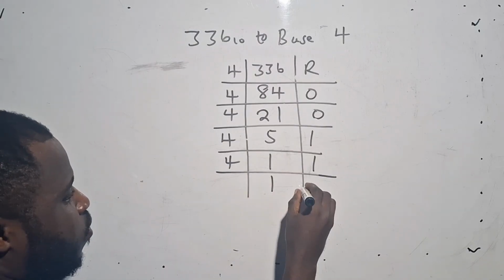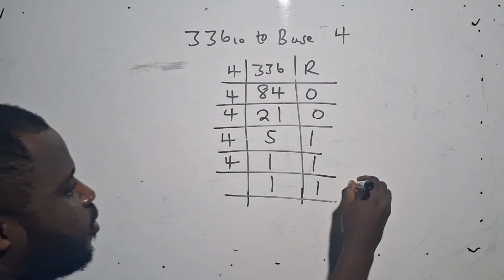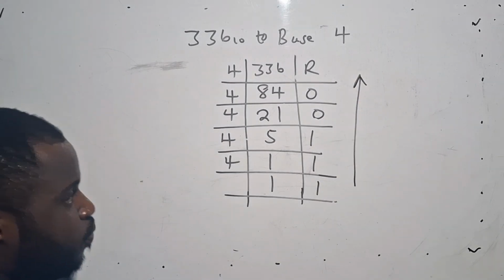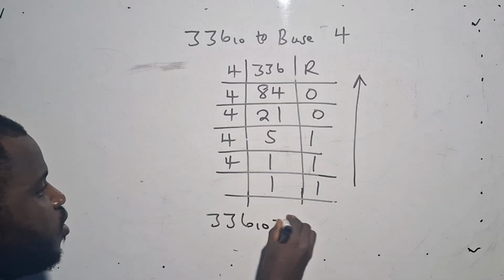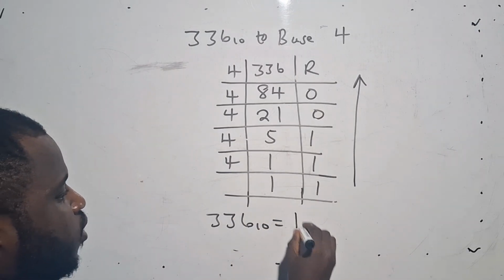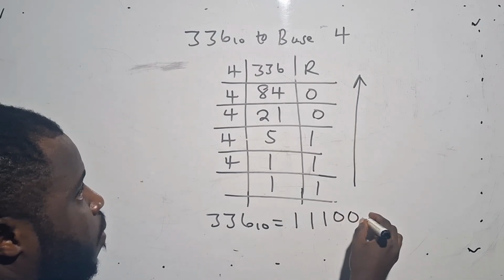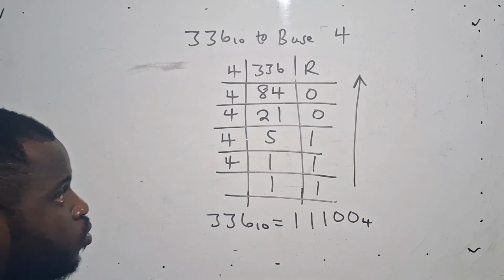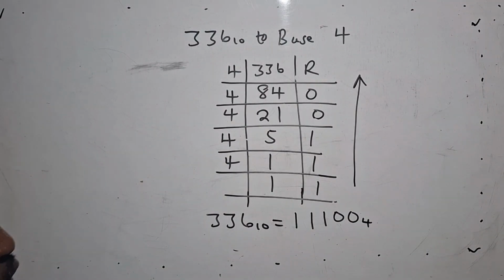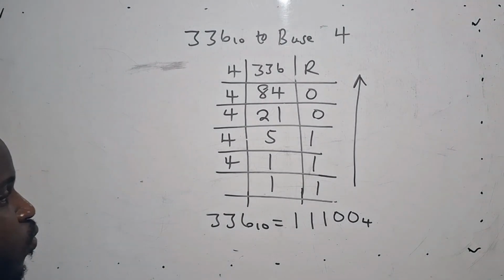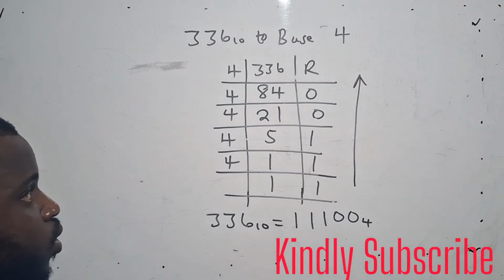No. So I will bring it down, then I'm going to repeat the 1 here as a remainder. And my answers upward. So I can say 336 base 10 will give me 11100 base 4. So if you got this answer, then you are on track. Then you have grasped the concept of changing base 10 to other bases.